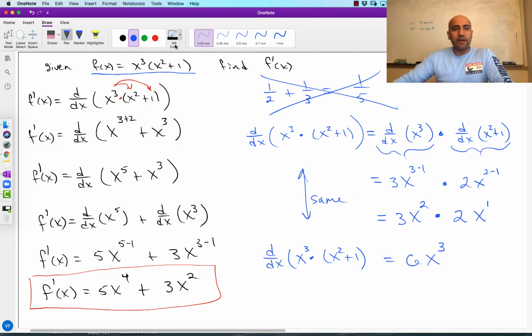So finally, we arrived at this statement down here. The derivative with respect to x of the product of x cubed times x squared plus 1 is equal to 6x cubed, based on this idea that we maybe instinctively think might be true, but in fact it is wrong, right? And it's wrong, if nothing else, because it doesn't equal the thing we already know is true, right?